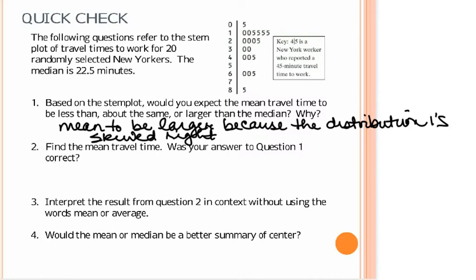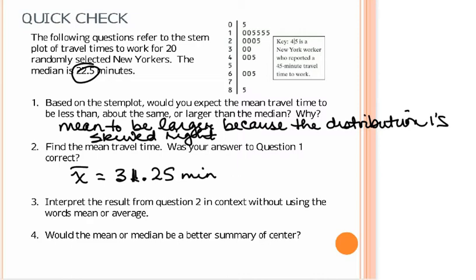All right, but if we added everything up, we would find that the mean of this is 31.25 minutes. Now notice the median is 22.5. So let's interpret this. Was the answer to question 1 right? Well, yeah, it is greater. Look at that, I just proved it.